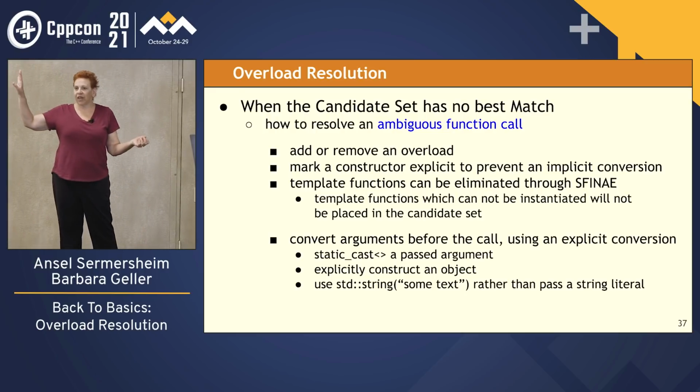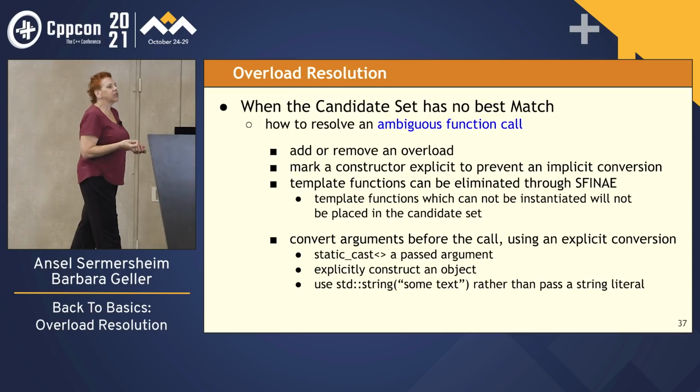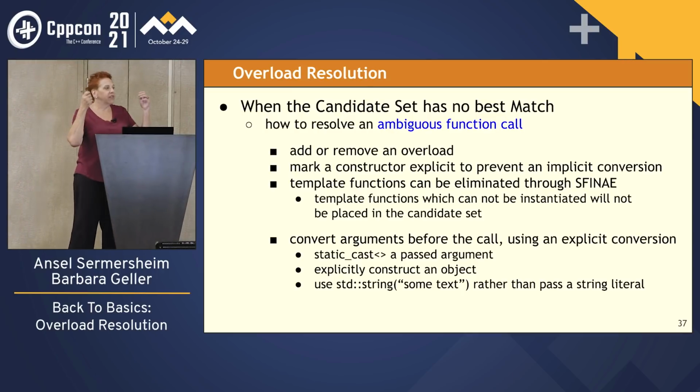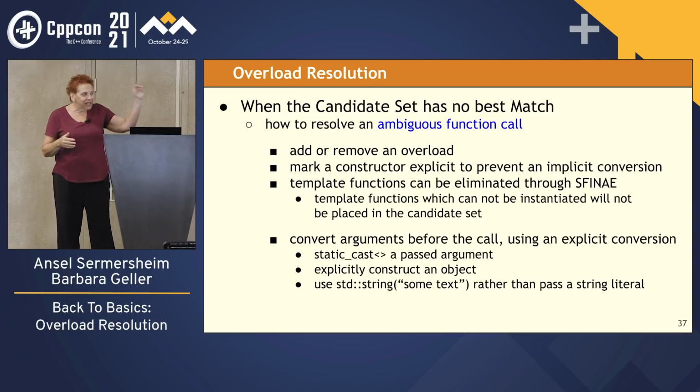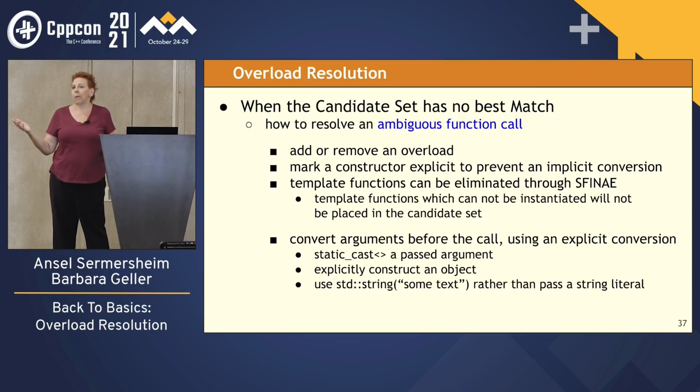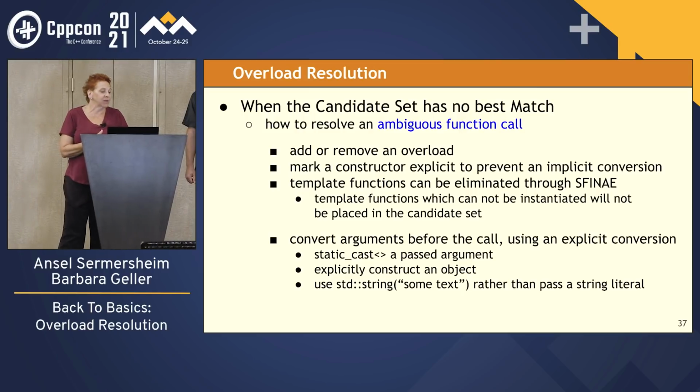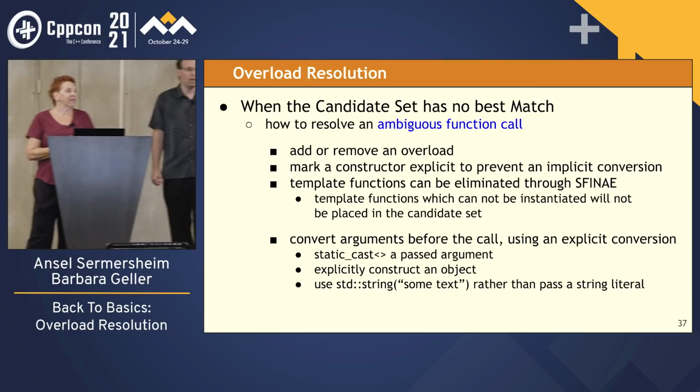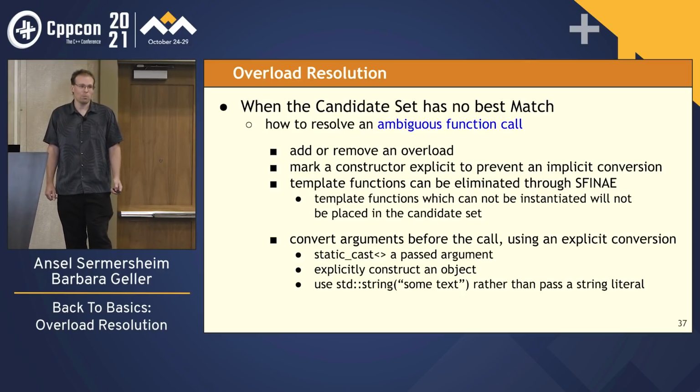That will throw it out of the candidate list. That's not the final solution. But this is the time that you're trying to figure out, why did this particular candidate get picked? So this is one of the tricks you can use. And in general, people forget to mark constructors explicit anyway. You often don't want constructors to be used as implicit conversions, so pay attention to that when you're defining your classes.